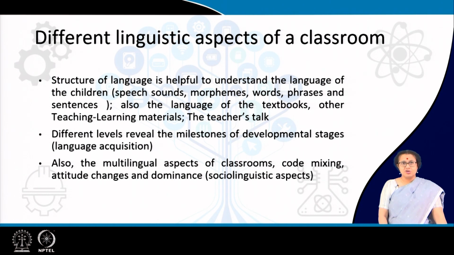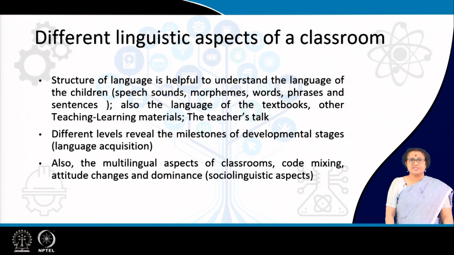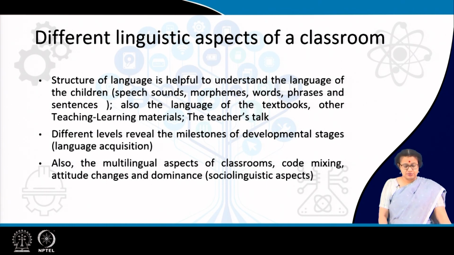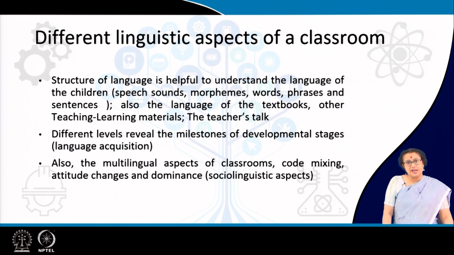So, we already talked about different linguistic aspects of a classroom, and we said that there are three major issues that we have to deal with. The first one is the structural aspects of the classroom. So, what do we mean by the structural aspect? The structure of language. When we talk about the structure of language from different components like speech sounds, morphemes, words, phrases and sentences, we can consider all these things in the children's language.